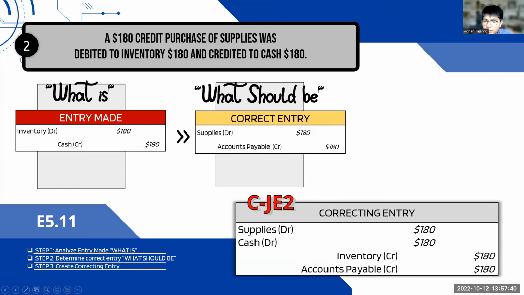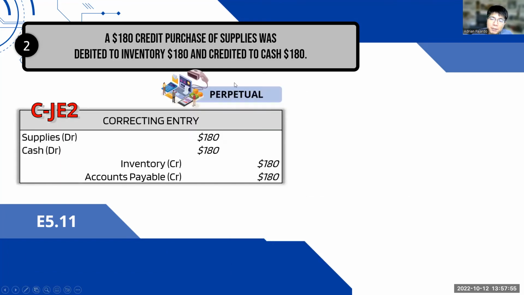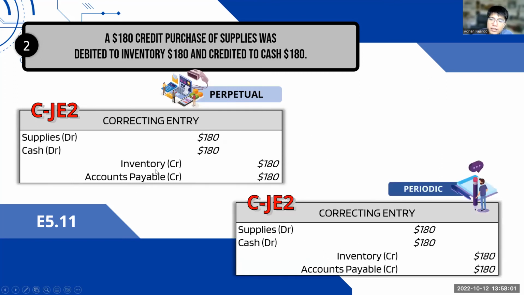So therefore, that would mean credit inventory of 180, debit cash 180, and then we just write the correct entry, which is debit supplies of 180, credit accounts payable of 180 in this compound journal entry. Again, this is our perpetual correcting entry. Is there a difference in periodic? The answer is no, right? Because this inventory is a previous mistake, and then it should have been really supplies, right?